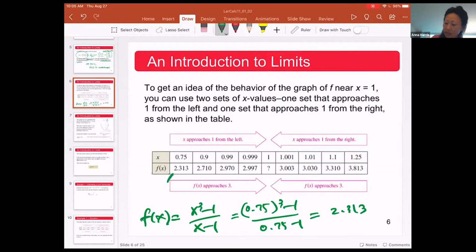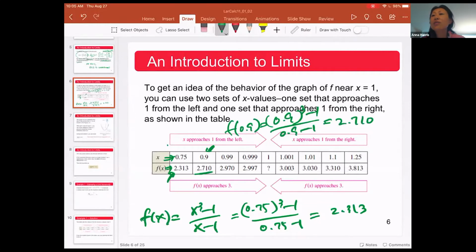That's what this value is right there, at x equal to this and y equal to that. What's next? What does this mean? F of 0.9 gives you 0.9 to the third minus 1 over 0.9 minus 1. That gives you this number, 0.710. So does everybody understand how to read this table?